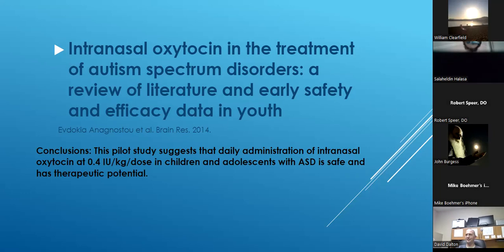And I think giving intranasal oxytocin, the dosage here is international unit per kg. But we think you can do intranasal up to 100 international units, and you get almost 5% maybe of that into the brain.